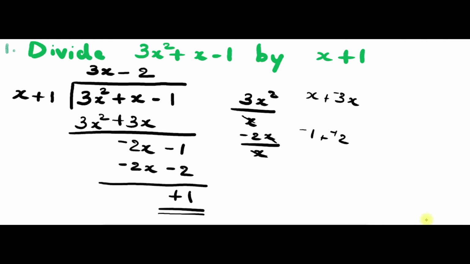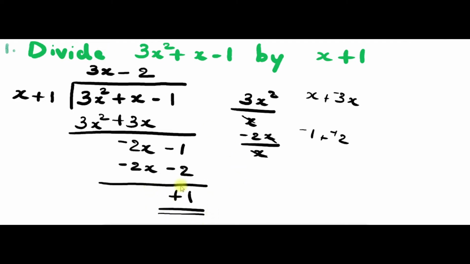So my dividend is equal to 3x square plus x minus 1. My divisor is x plus 1 and my quotient is 3x minus 2. My remainder is plus 1.